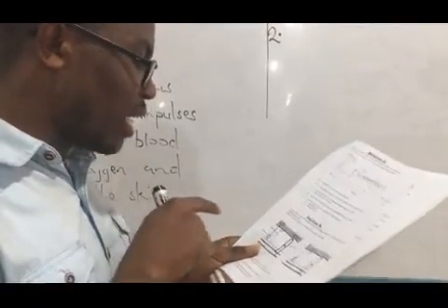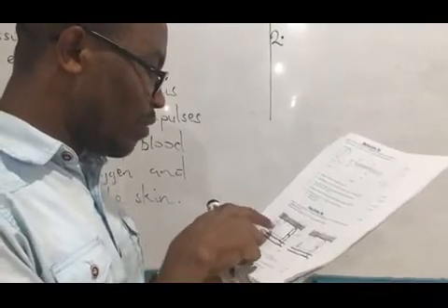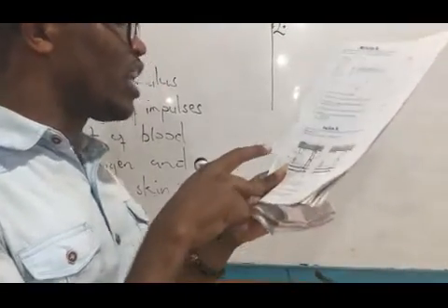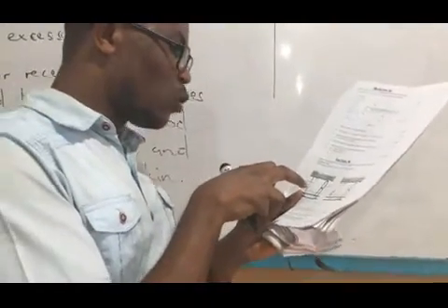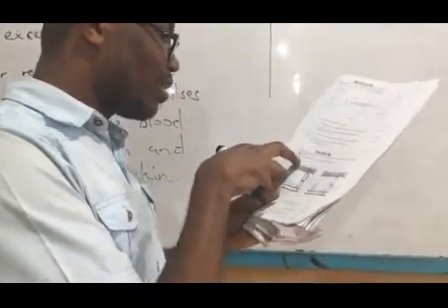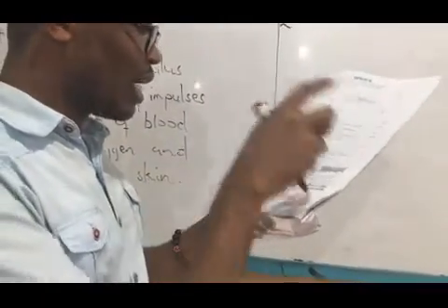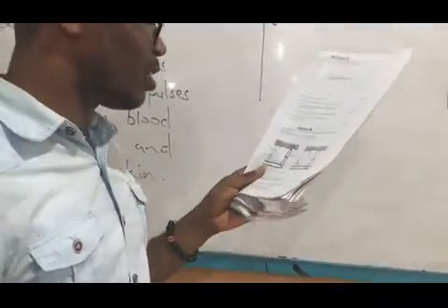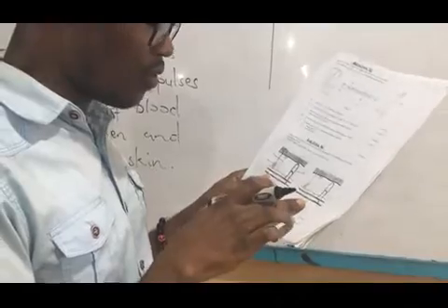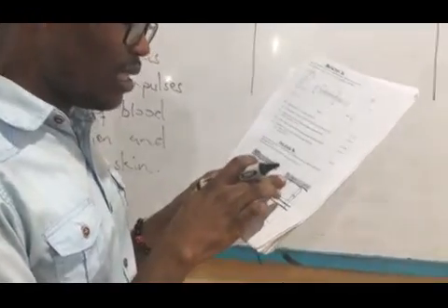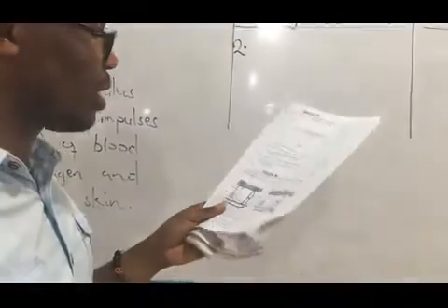From the sweat gland in A, it leads to the sweat pore, which appears on the surface of the skin, and you can see that there is sweat on the surface of the skin. But if you look at B, you can't see any sweat coming out from the sweat pore on the surface of the skin.